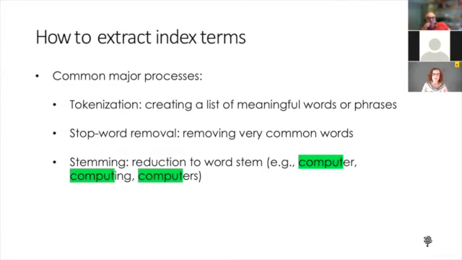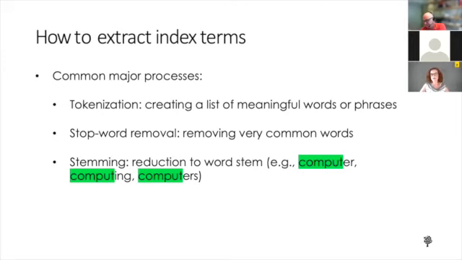The first one is known as tokenization, and really it is simply creating a list of words, or phrases if we decide to do phrases. That means taking away punctuation and spaces from, say, a book, and instead having just a list of words. After that, stop word removal is often conducted.